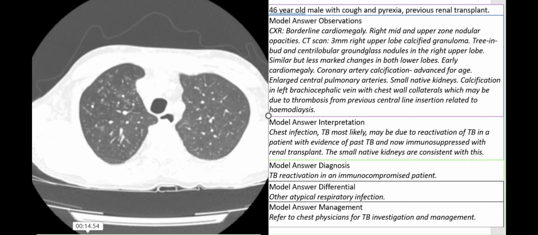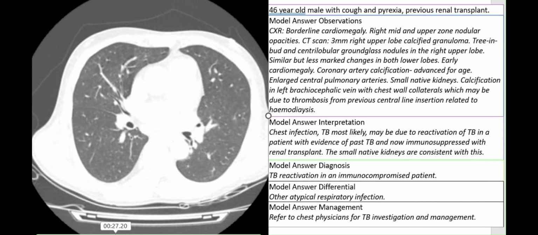Yes, a calcified granuloma is also seen here. This is very important. Calcified granuloma is also seen in the right upper lobe, a 3 millimeter calcified granuloma. Early cardiomegaly is also noted.